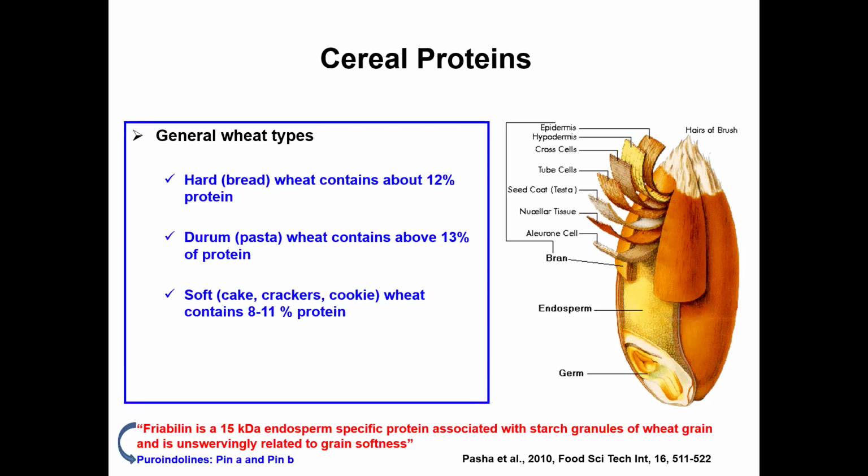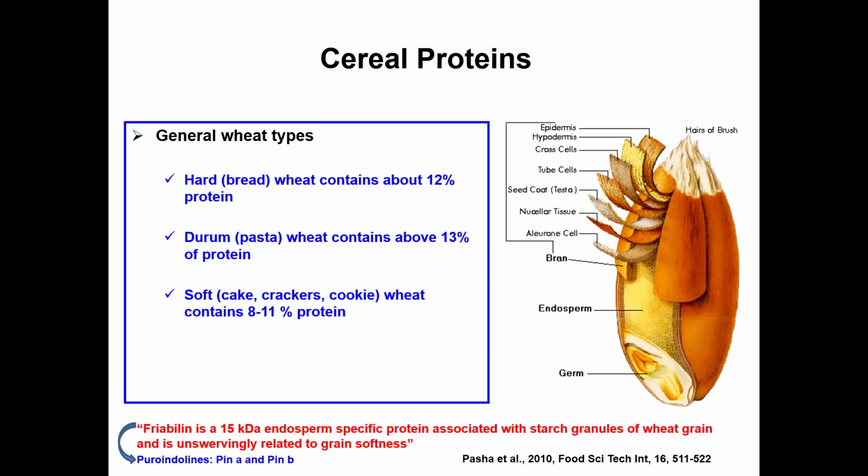So the different types of proteins, hard, durum, and soft, they contain different protein contents. 13 is the average for durum, but I've seen up to 15%. 11 to 13% were the hard red wheat or hard wheat in general. And then soft, where you have higher gliadin to glutenin ratio.